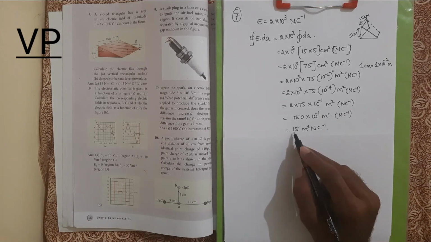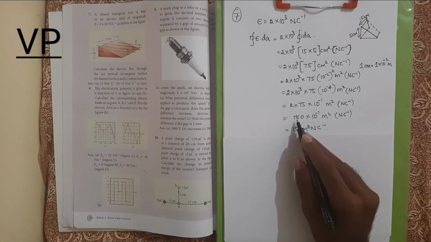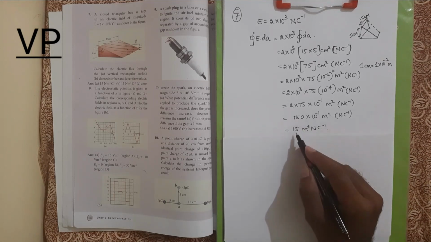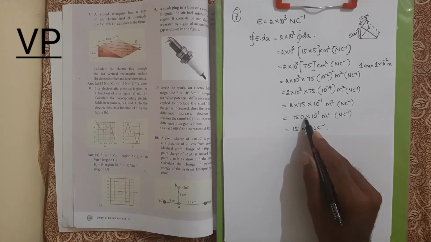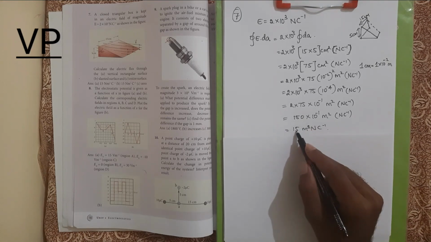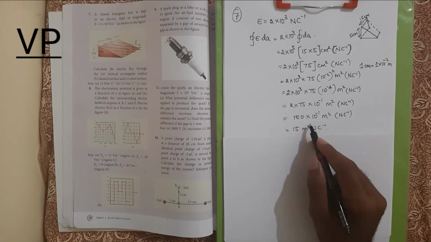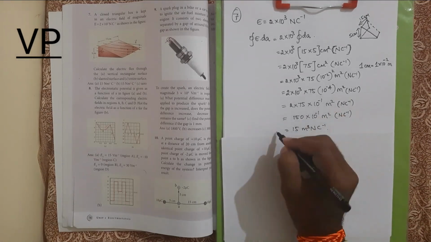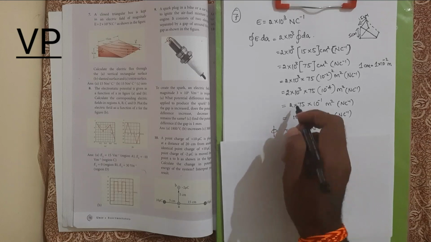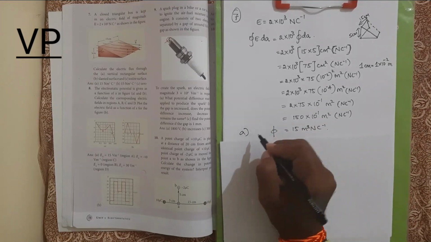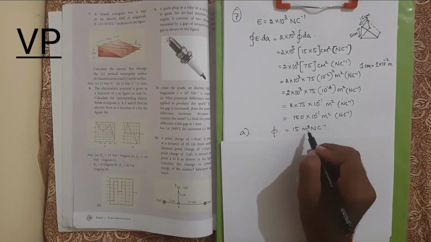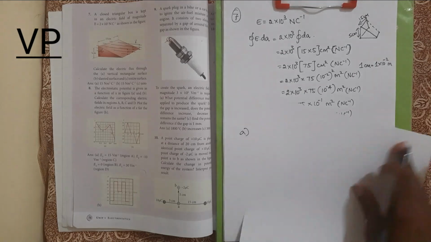And 150 into 10 to the power minus 1 is 15. We shall shift the decimal digit to the left hand side. So 15 meter square Newton Coulomb minus 1, which is the unit for flux. So the electric flux through the vertical surface, which is asked in part A, is 15 meter square Newton Coulomb minus 1.